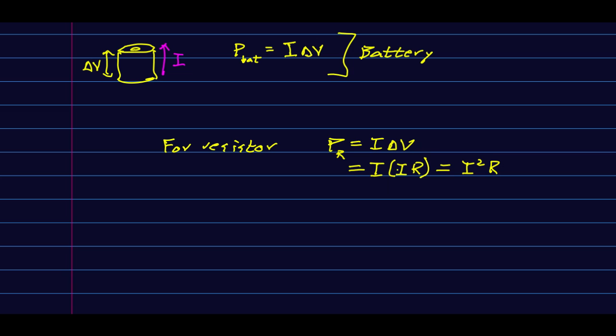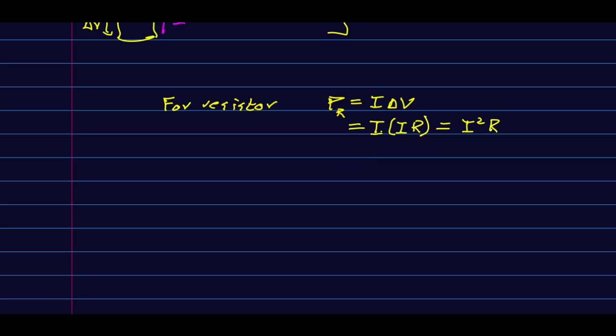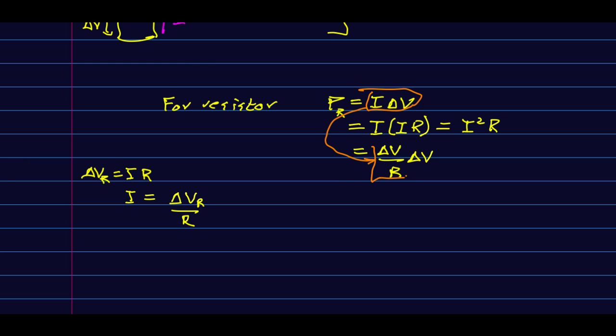But also, if you don't know the current, but let's say you do know the delta V, well, since delta V across the resistor is IR, then I through the resistor is delta V over R. And so you can also write this as delta V over R times the delta V. I've just taken this expression again and resubstituted for I. And so that is delta V squared over R. And so you have these two different ways of calculating the power, the rate at which energy is transformed in a resistor.